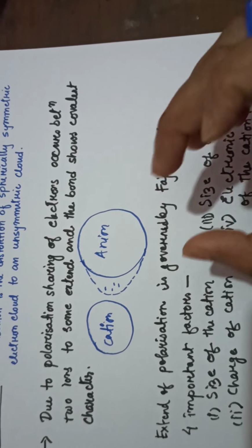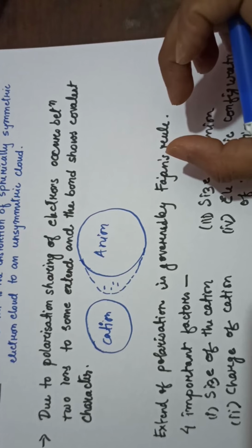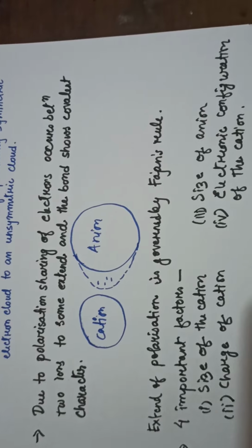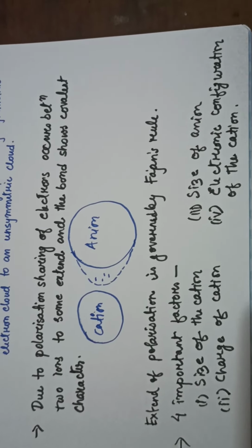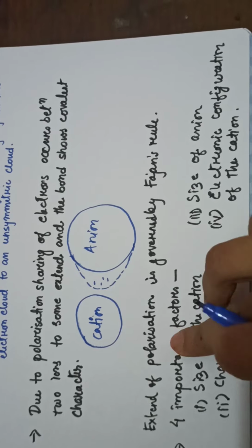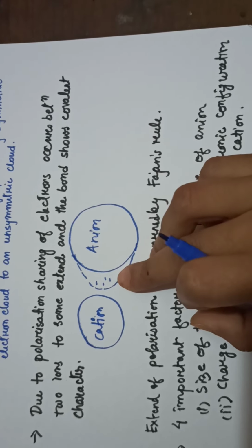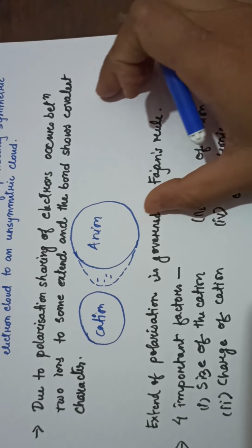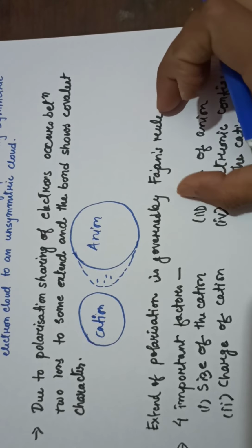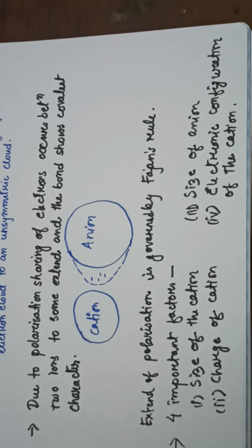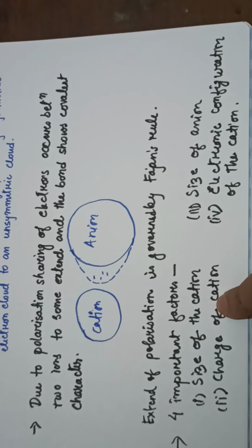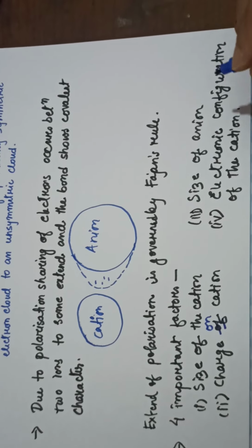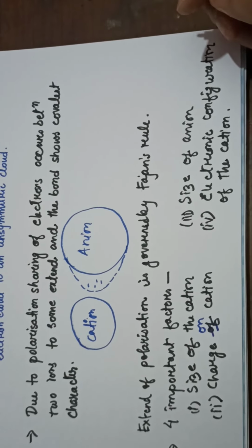Because of that polarization, we know that covalent character is present in the ionic compound, and up to what extent the polarization is taking place is known by a certain set of rules. Those rules are called Fajan's rule, and it depends upon four important factors: the size of the cation, charge on the cation, size of the anion, and also the electronic configuration of the cation.